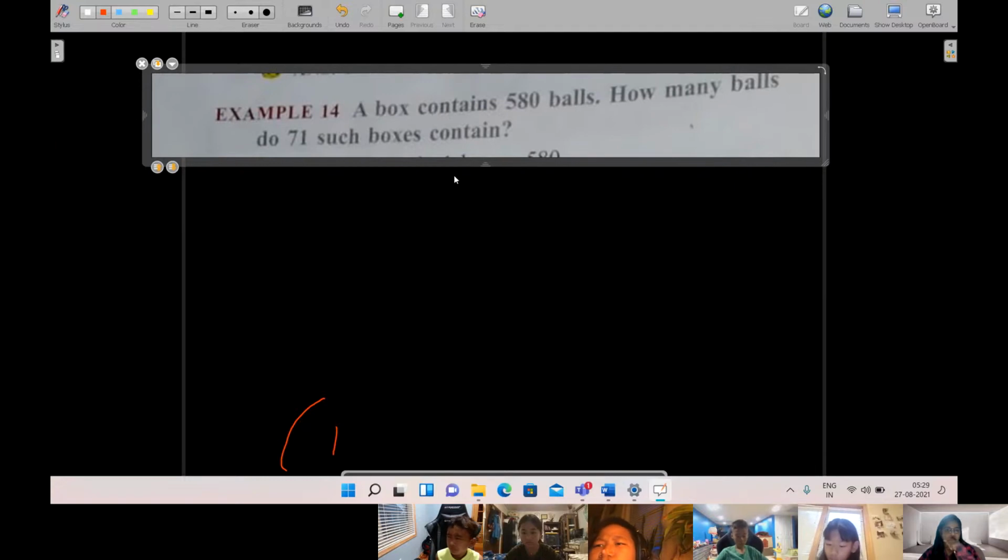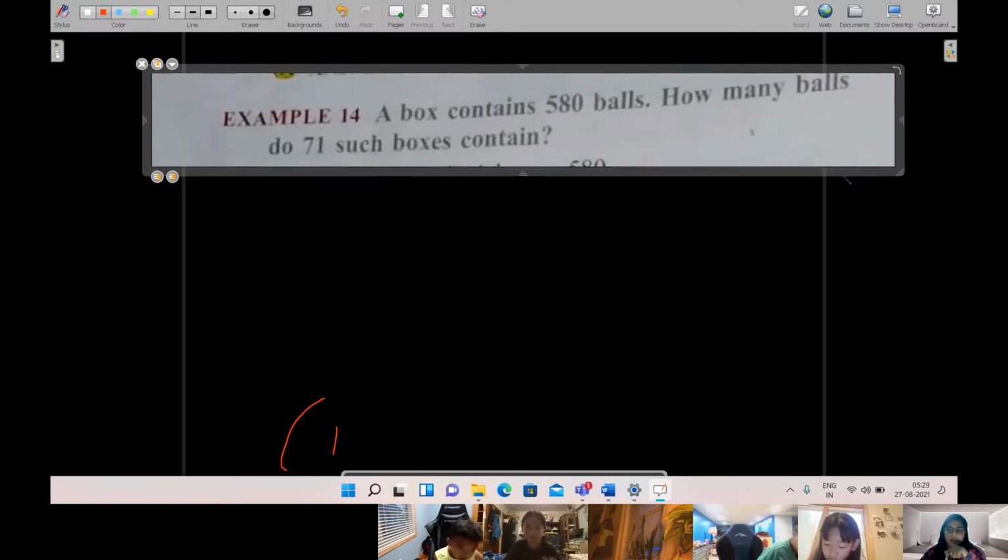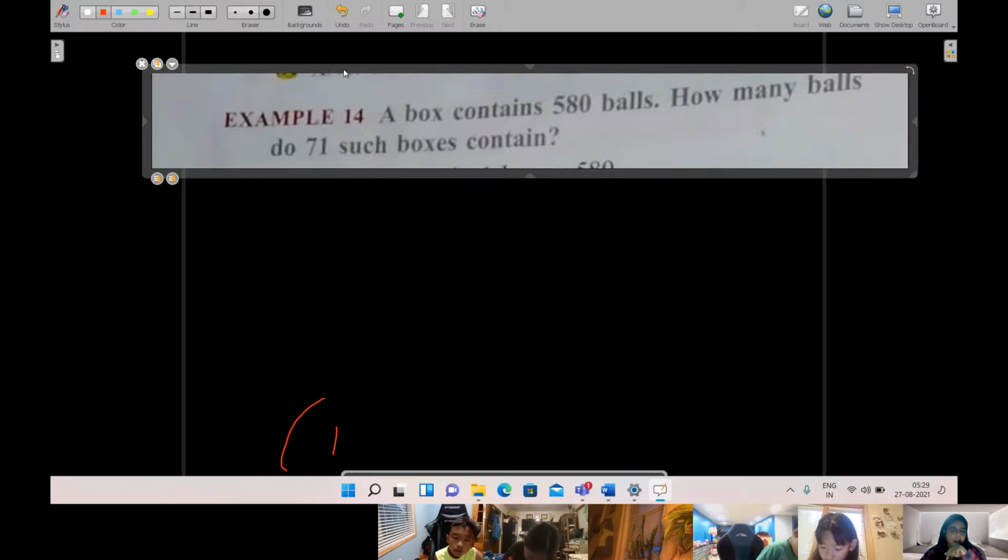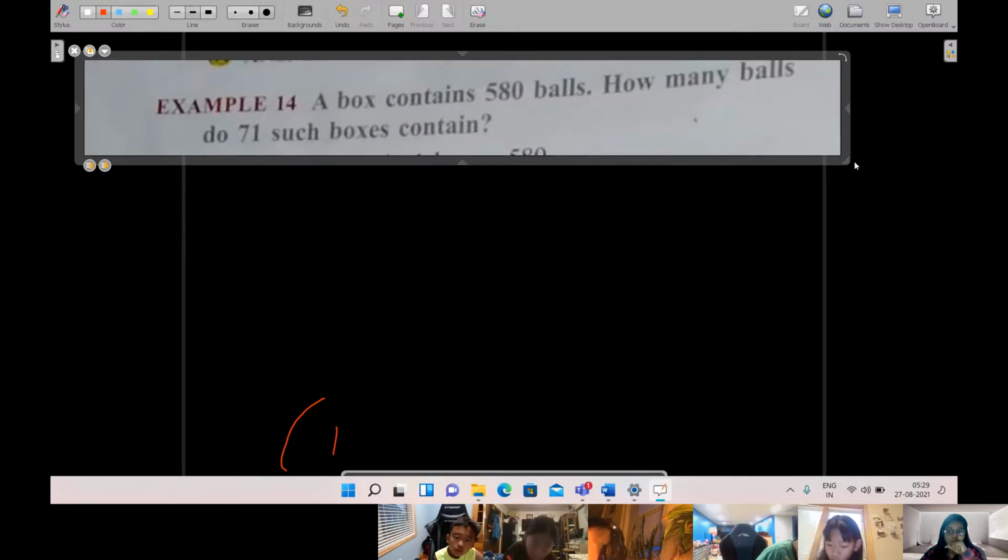Now solve this question. Is it clear? Yes. Now you can see. I will zoom it, but you have to solve the question.